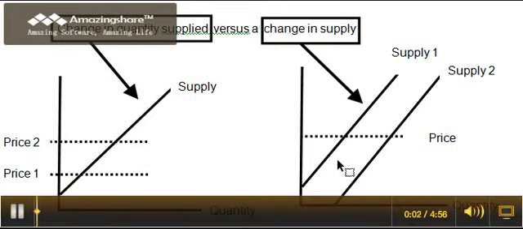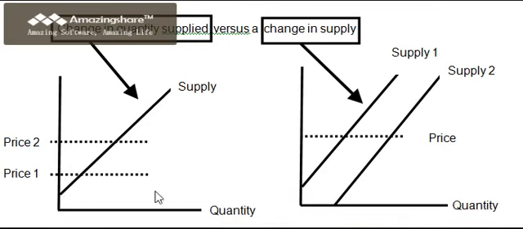So not unlike the law of demand, the law of supply is again the relationship of price to quantity. Price is on the y-axis, the vertical axis, and quantity is along the x-axis, the horizontal axis.